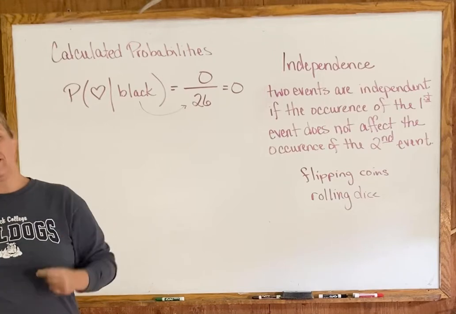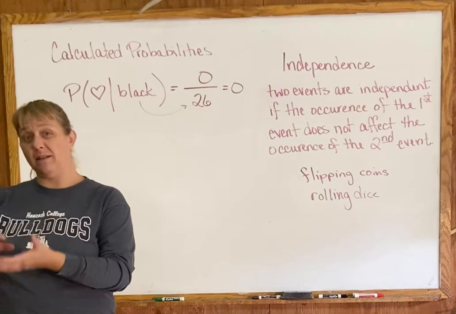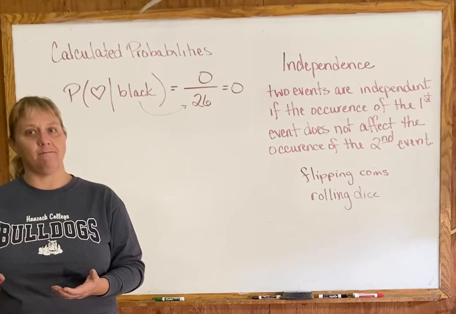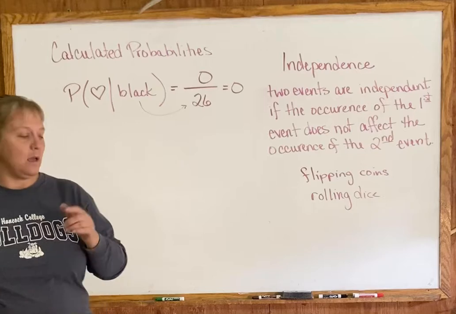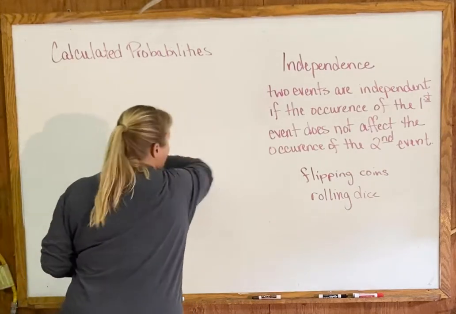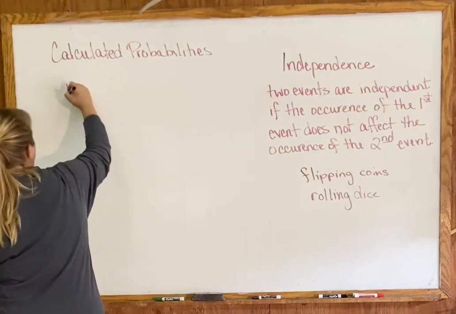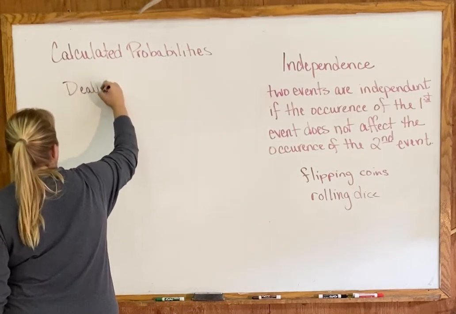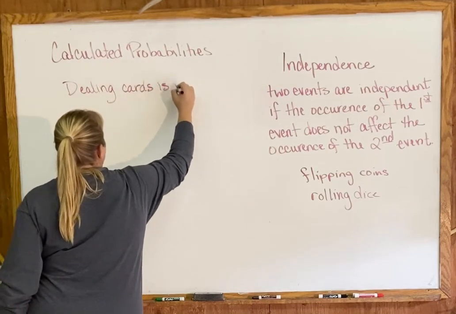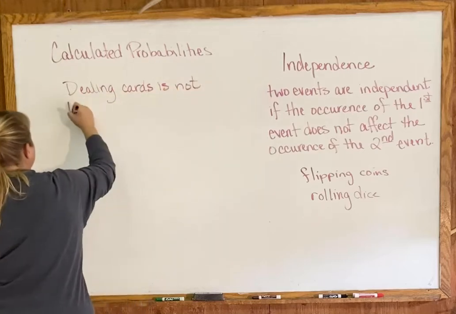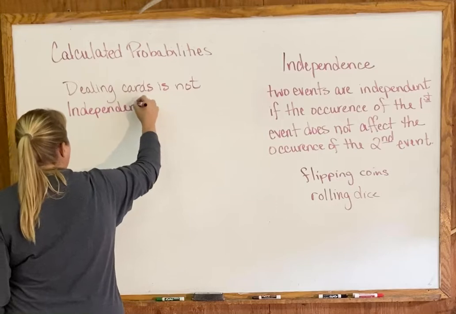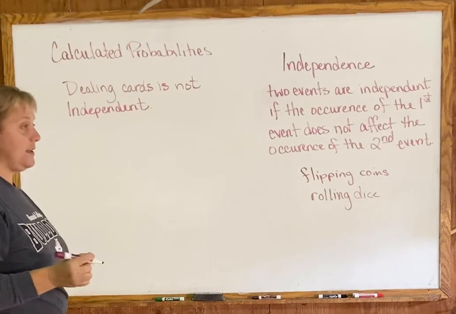But now that the ace of spades has already been dealt out, has the deck been changed and has your probability been affected by that? It most definitely has. So we say dealing cards is not independent.